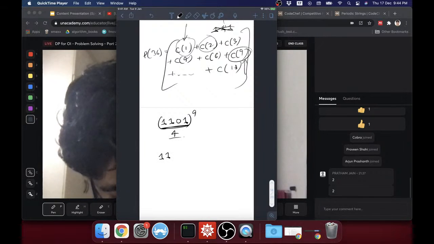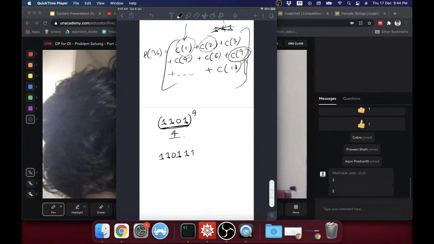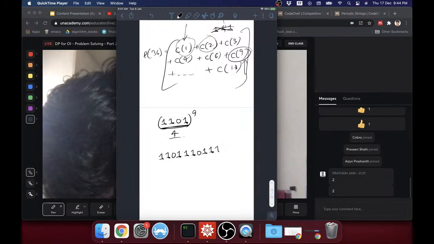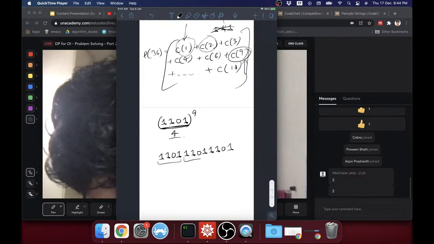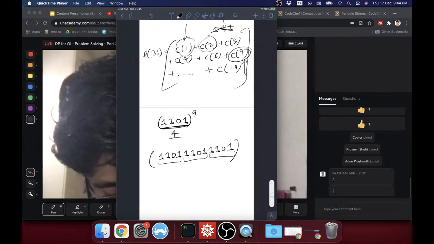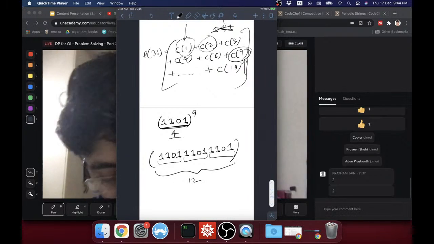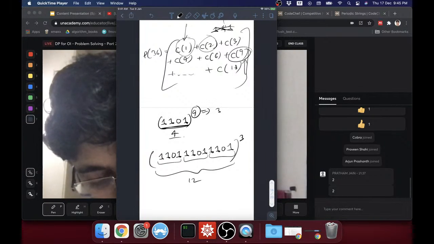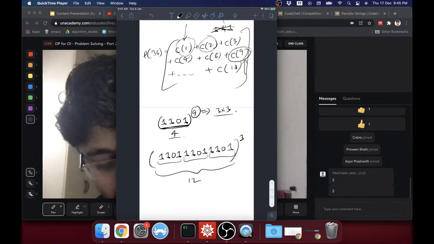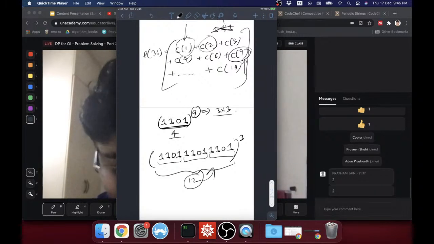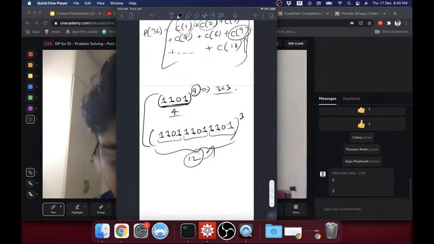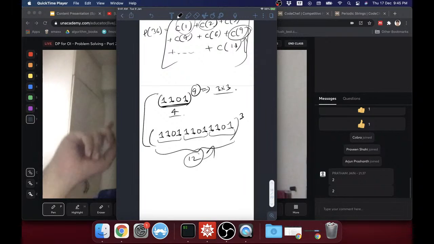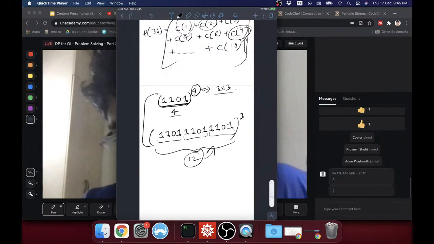Another way to see it is repeated 3 times, so that's 12 length string repeated 3 times. Basically break this 9 into 3 and put this. So for 12 length strings also this might contribute a periodic string. It's the same string, both the strings look the same, but we want them to contribute once to our count. That's important, so we have to take care of that.